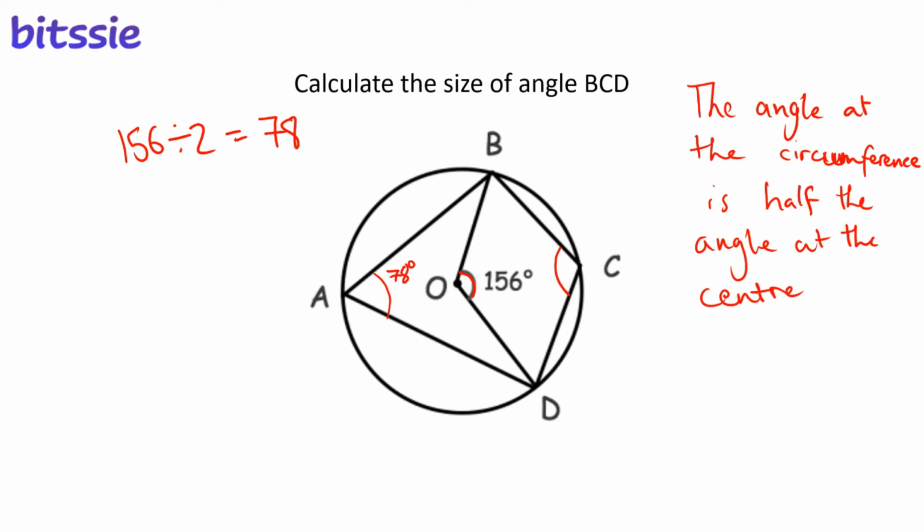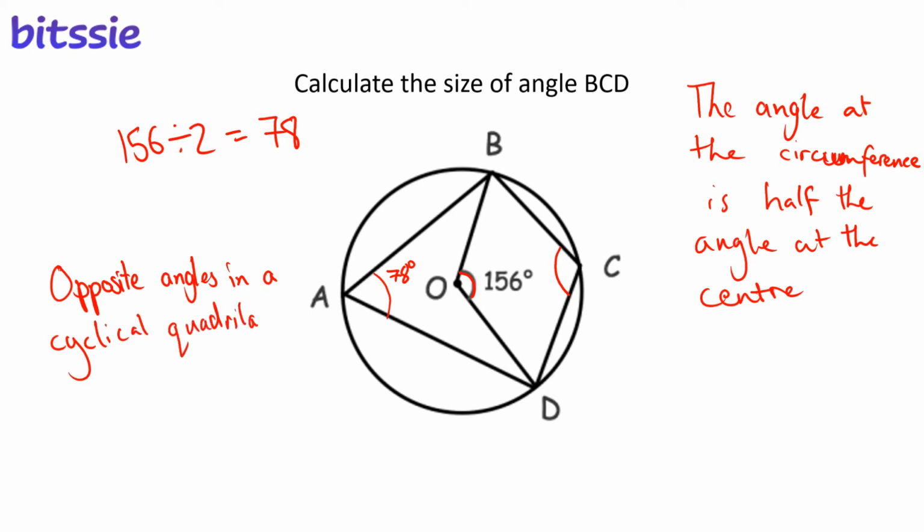And then we can use the theorem that opposite angles in a cyclical quadrilateral add up to 180 degrees.